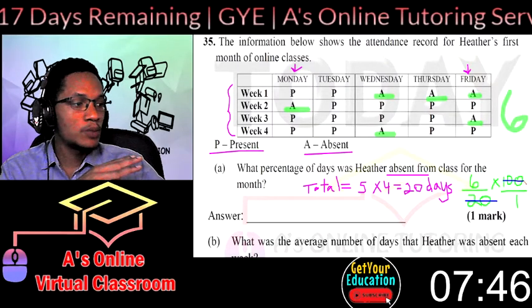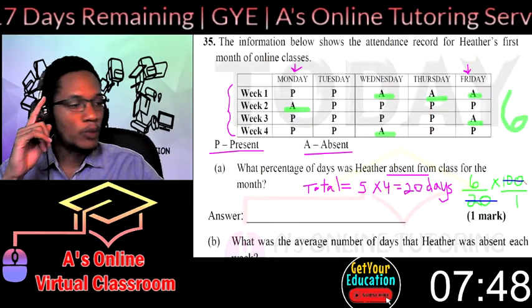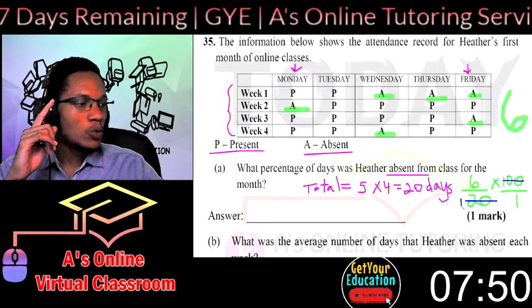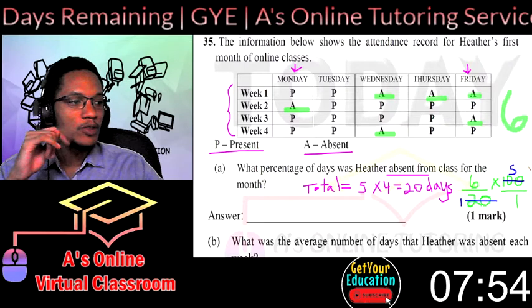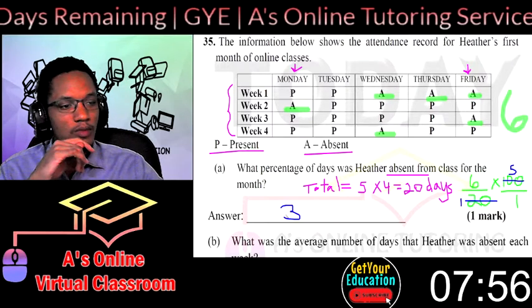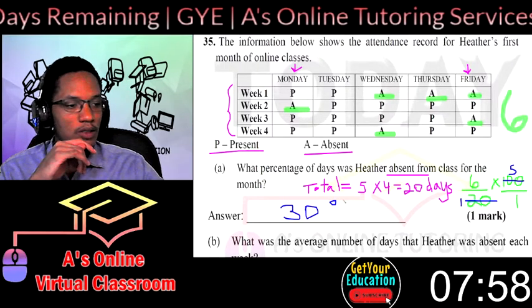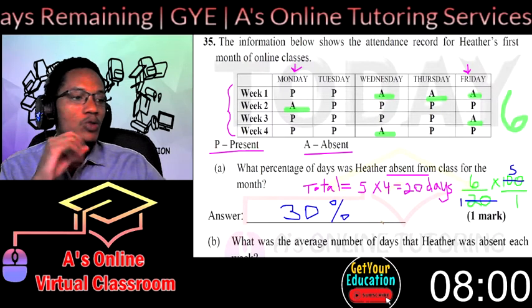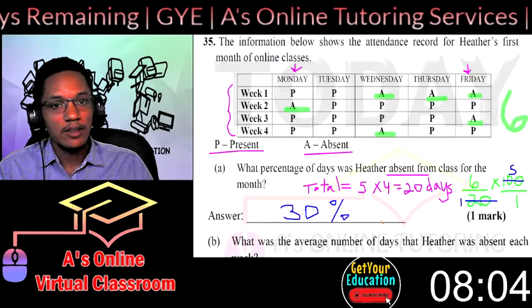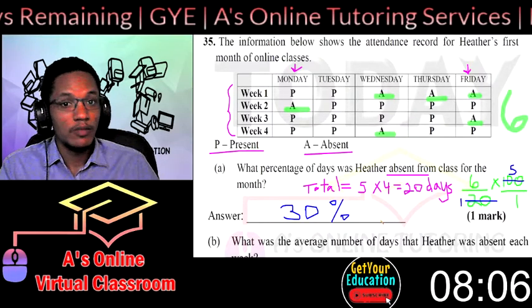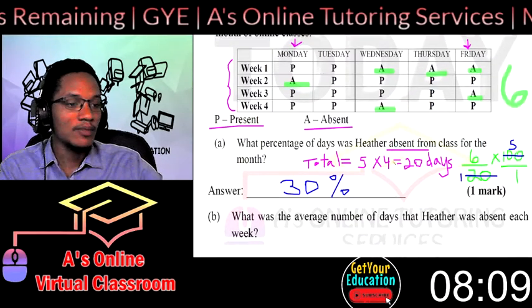When we practice percentage, this is one of the divisions that we remember. 20 into 100 is 5. 6 times 5, 30%. So Heather was absent from class for 30% of the month. Alright, she almost made half.